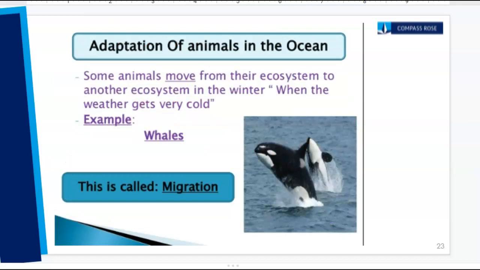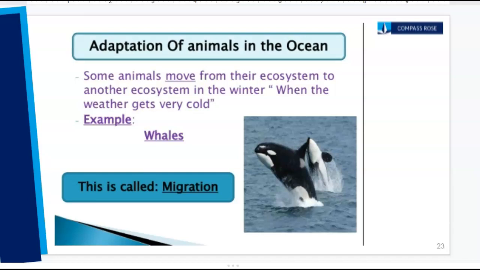And then we also have something called migration. So migration is when animals move from one ecosystem to another ecosystem because of the weather, right? And so we see this with dolphins, we see this with birds, we see this with different types of animals that need a warmer climate in order to survive.